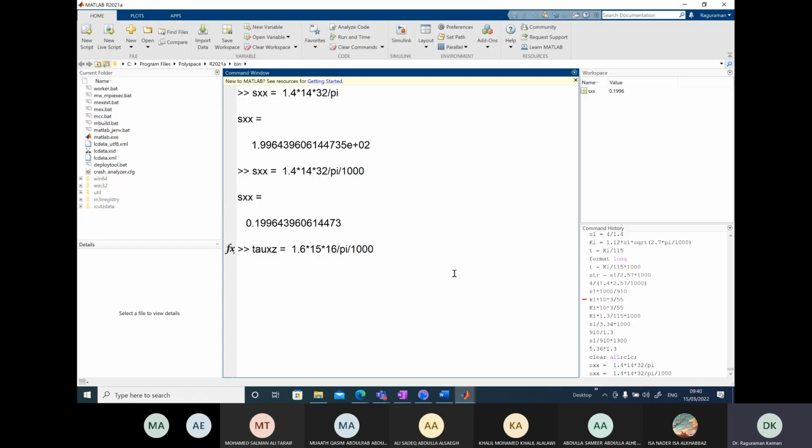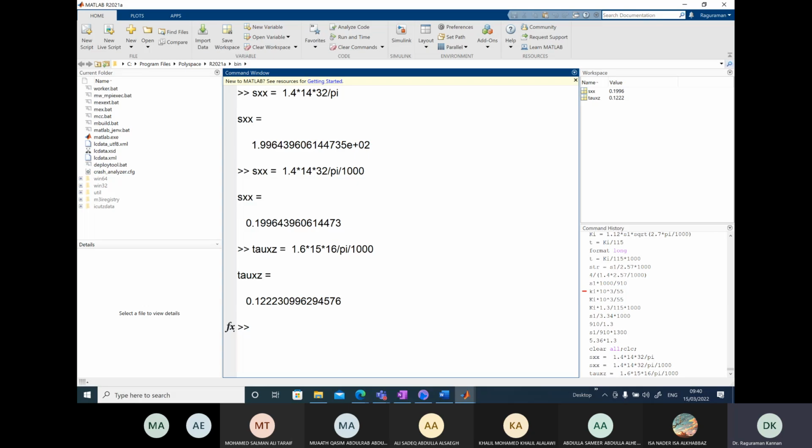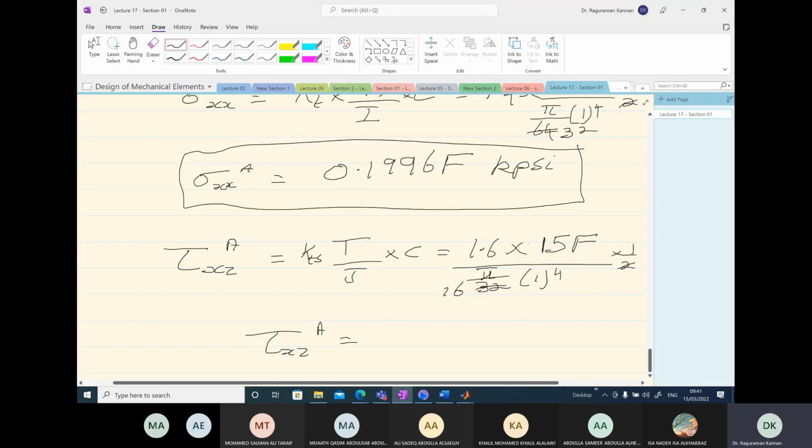So this gives us the tau xz value at point A as 0.1222 F kpsi.